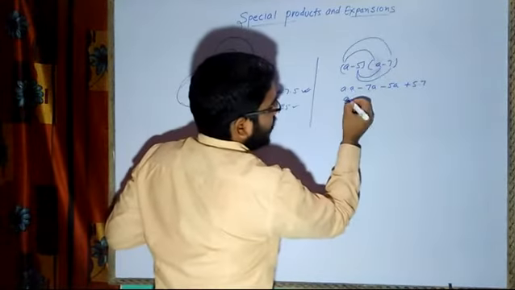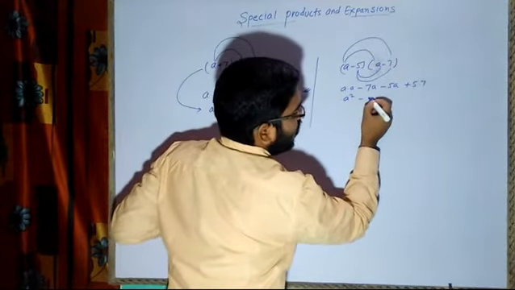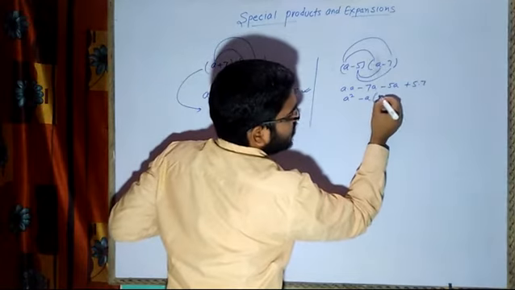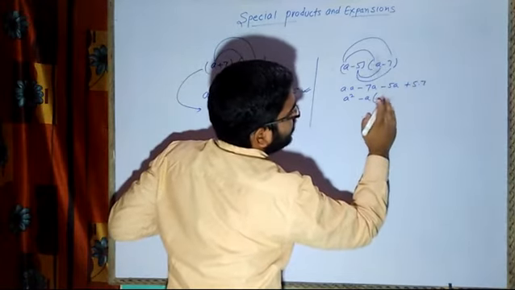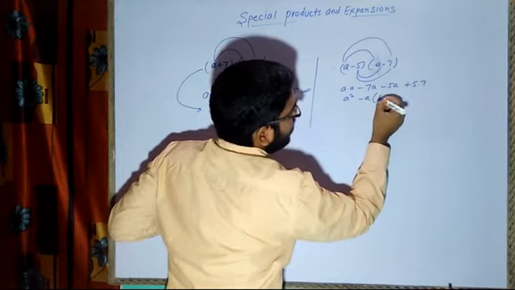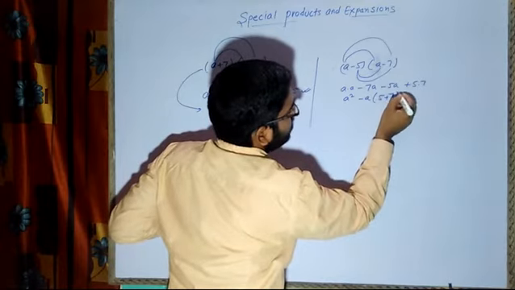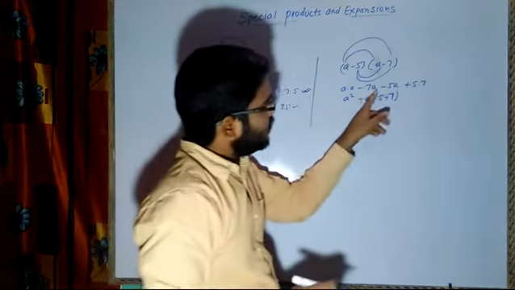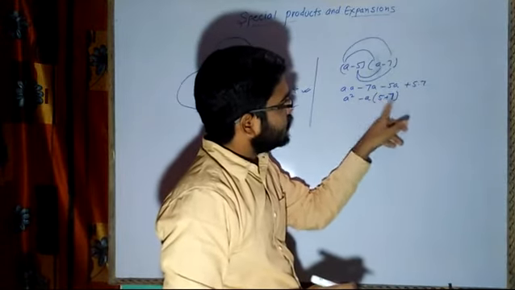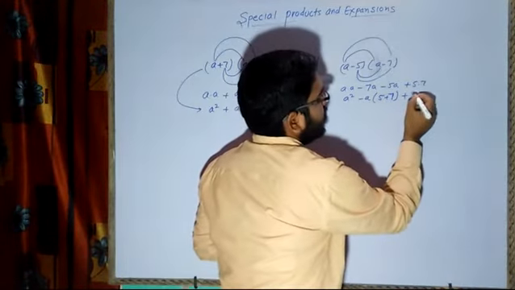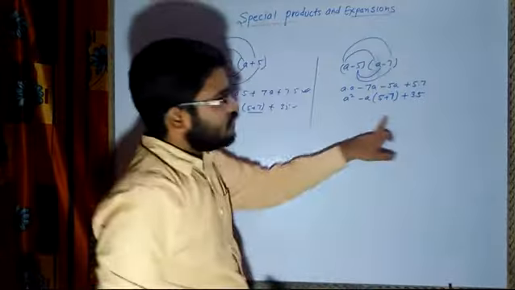Now if I write, it will be a square. Again a is common, I will take out a common with minus sign. So I will be having 5 plus 7, yes or no? Minus I have already taken, so minus 12a, and then it will be 35. So this is what we will get.